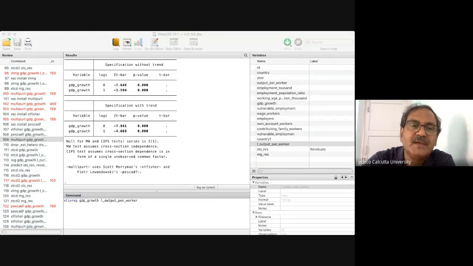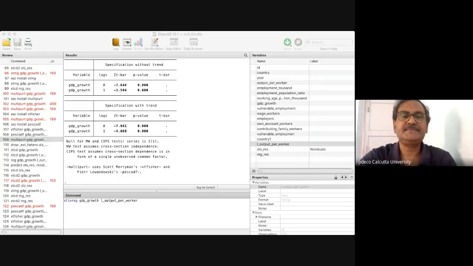After specifying the dependent and independent variables, you have to specify the instrument to be used in this model.